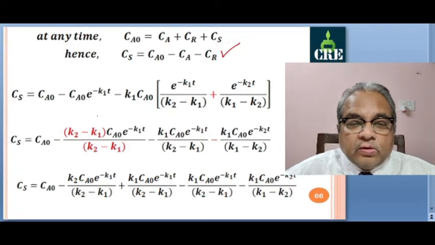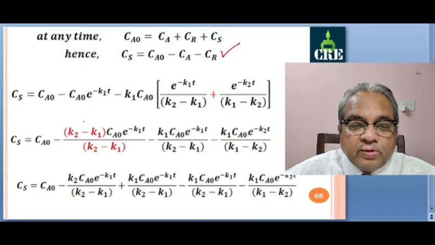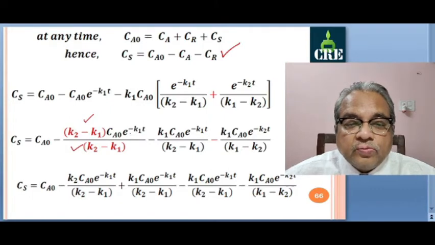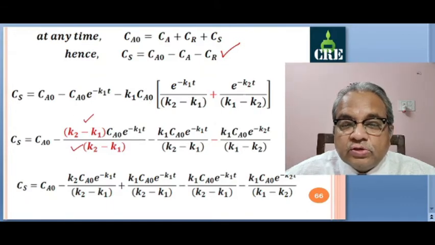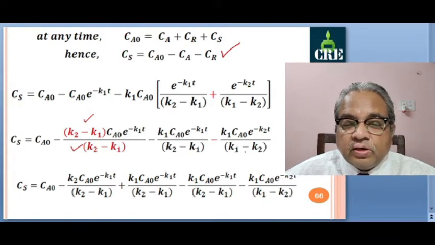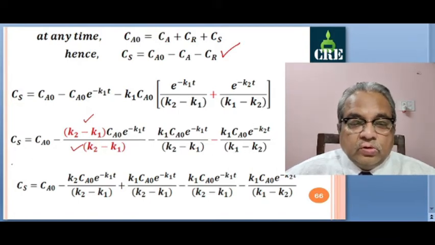Okay. So what we do here, second term I am multiplying and dividing by K2 minus K1. Okay. Rest of the things, minus K1 CA0 into this minus sign. So minus K1 CA0 into this value. Okay. So in the denominator you have K2 minus K1, K2 minus K1 and here K1 minus K2.